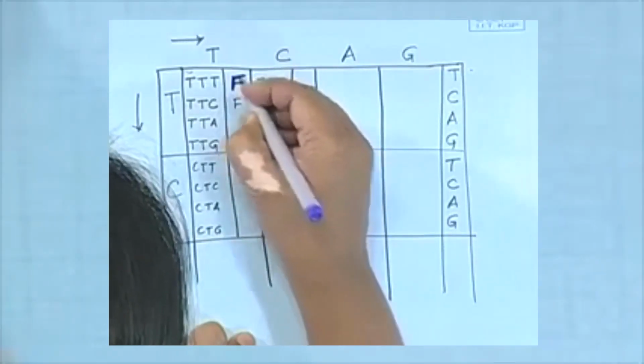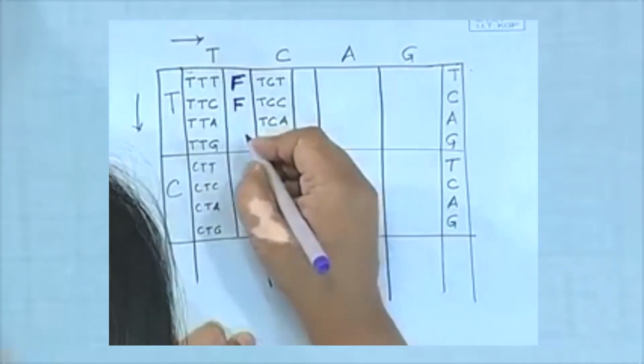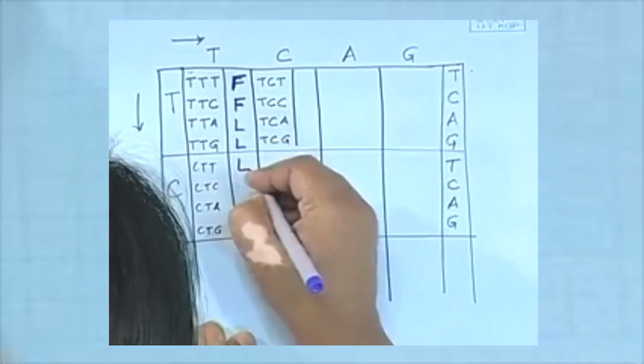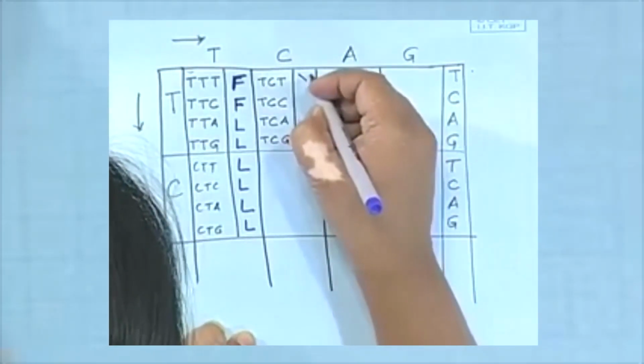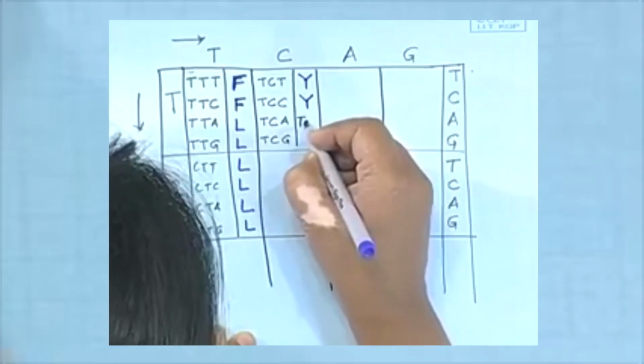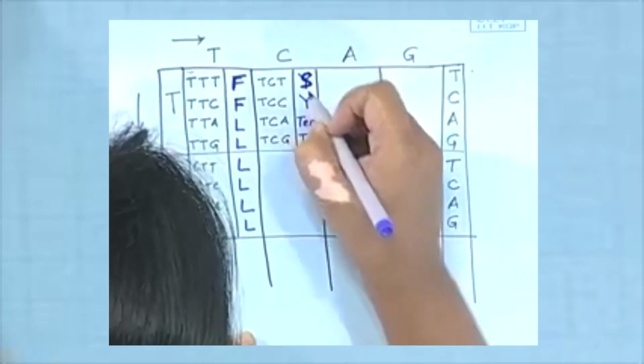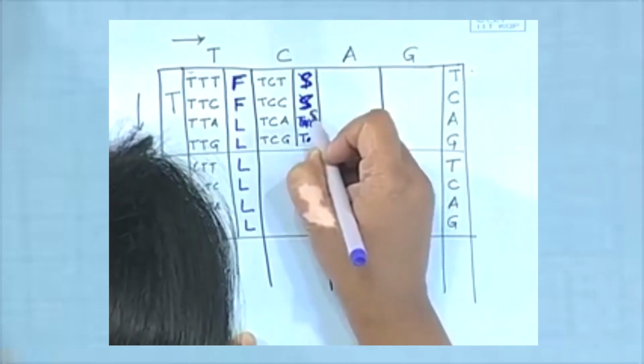These code for leucine. This codes for tyrosine. This is actually a terminal codon. No, not this one. This is serine. Sorry, all of these are serine. The A ones are your terminal codons.